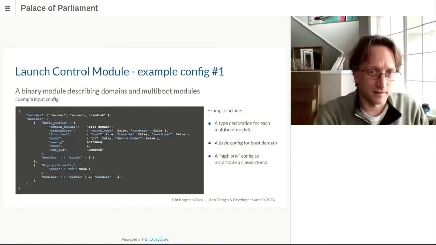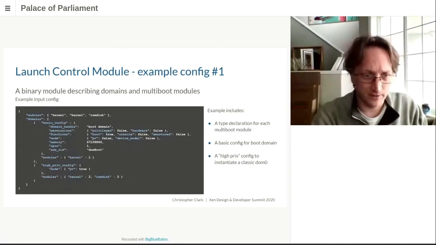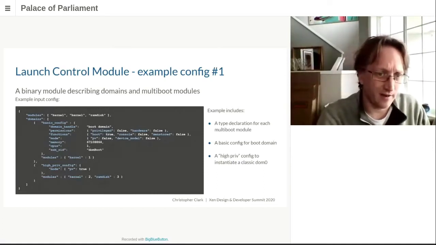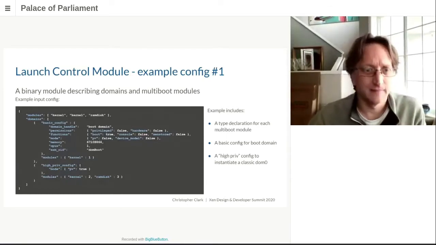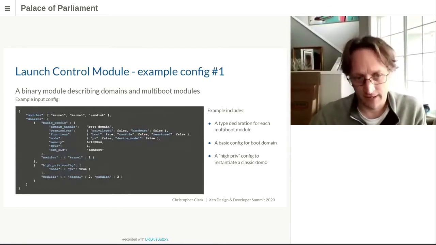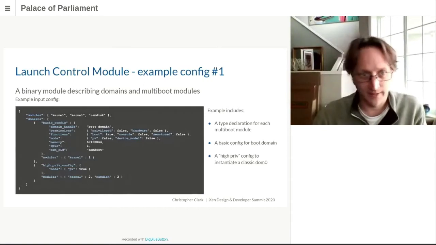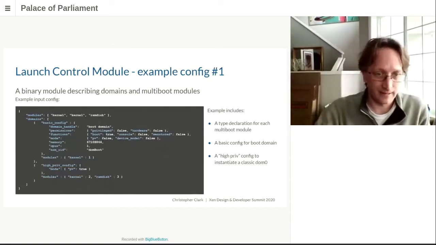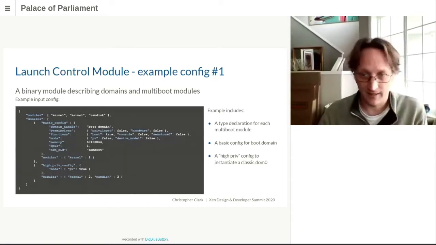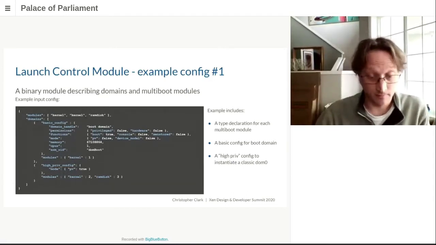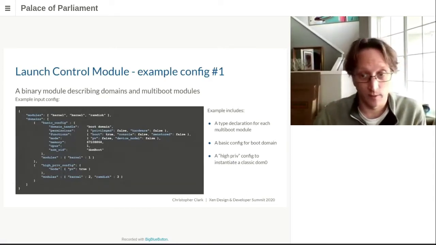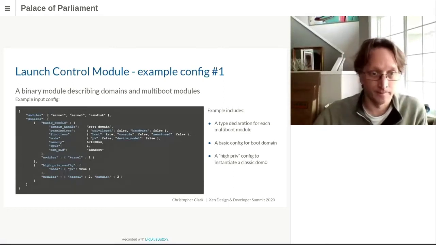And then there's a second domain which you can see is described as a hypriv with a hypriv config. This is basically a way of constructing a classic Dom0. When this is encountered by Xen, it will go, okay, I'm going to use the existing classic Dom0 path, and this should give us maximum compatibility with all of the logic that has previously been used to build a Dom0.